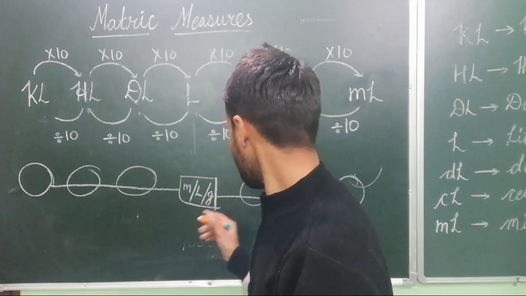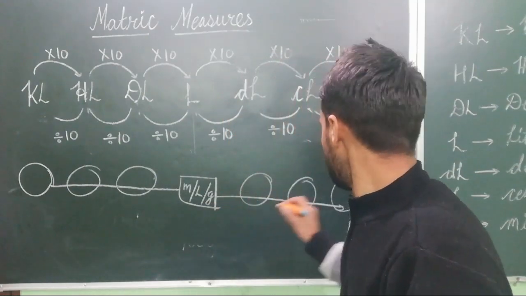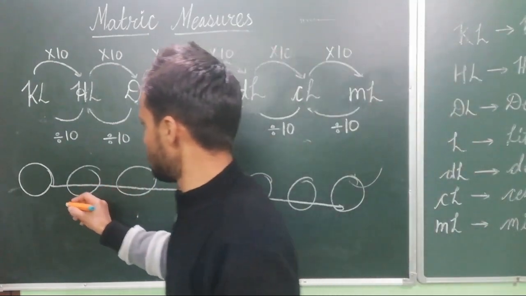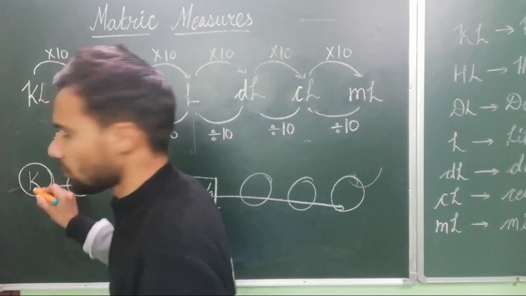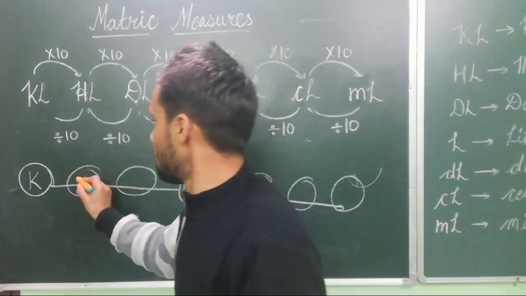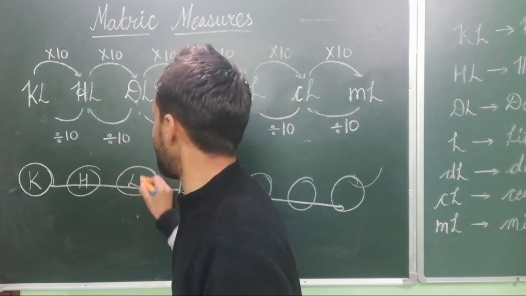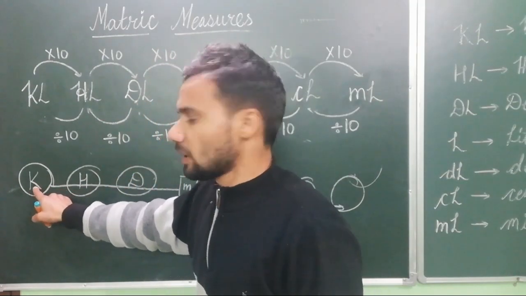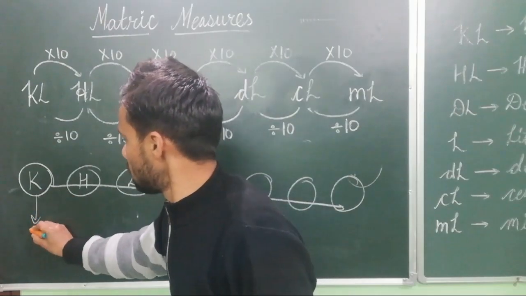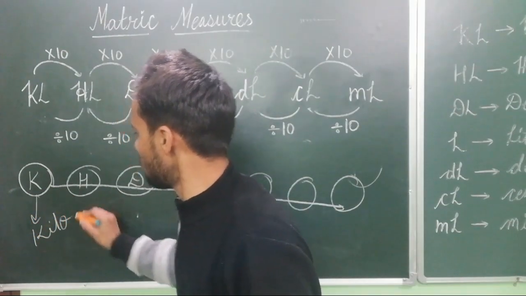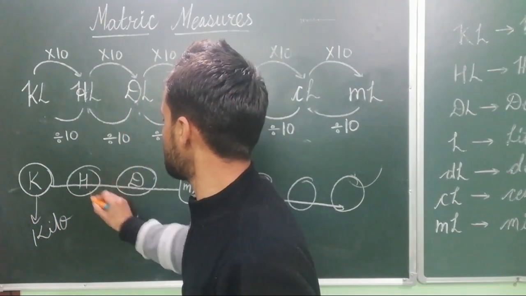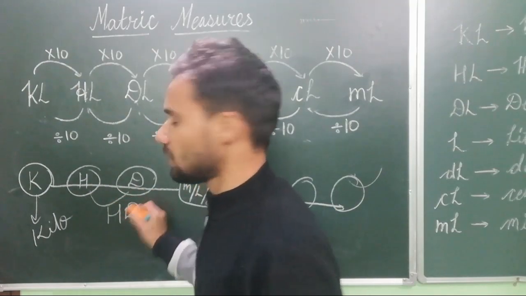If you see here, this is your kilo. You know very well the highest one is kilo. This is your hecto. This is your deca. So you can write K for kilo, and this is HD.